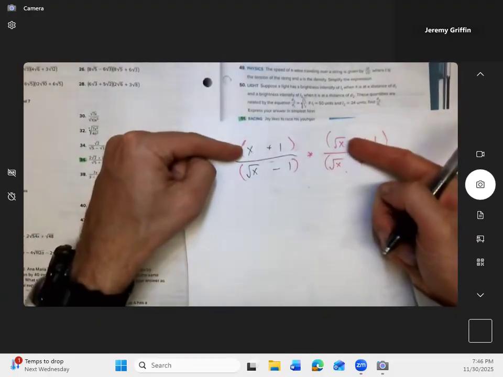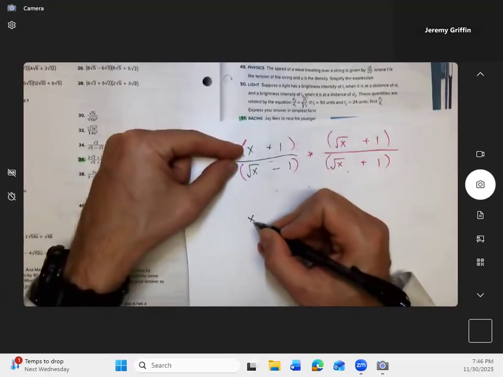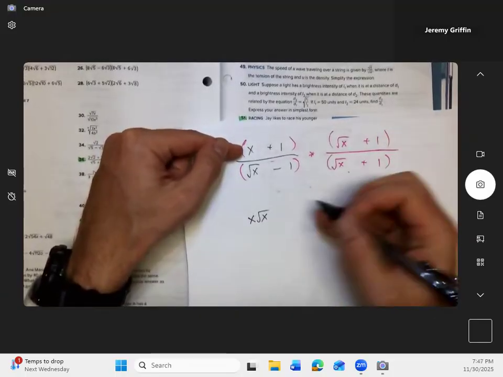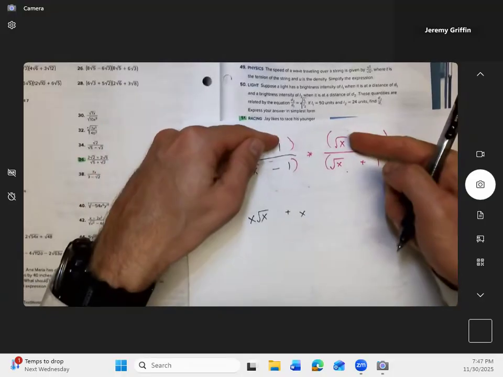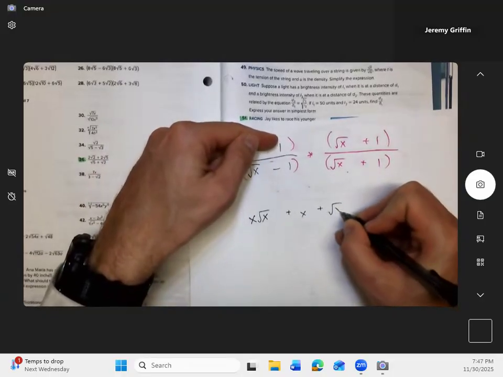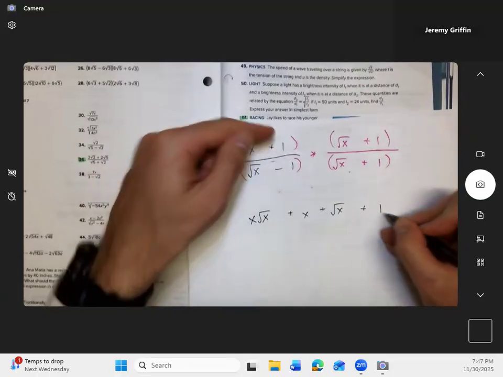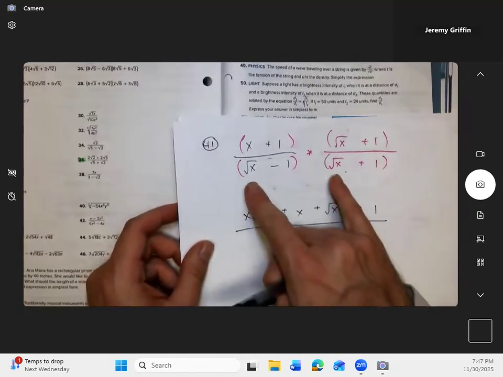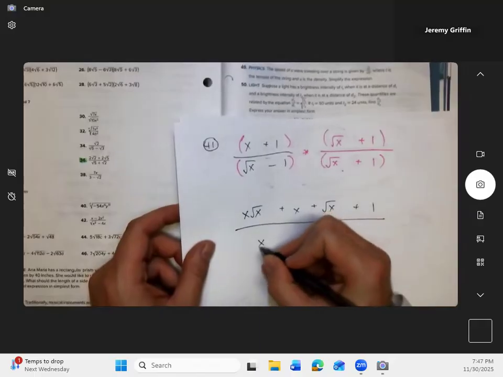So first, x root x. Maybe I'll just write that as x root x, there are different ways to write that. Outside, x times 1, that's x. Inside, root x. Last, 1 times 1 is 1. Denominator, root x times root x is x.